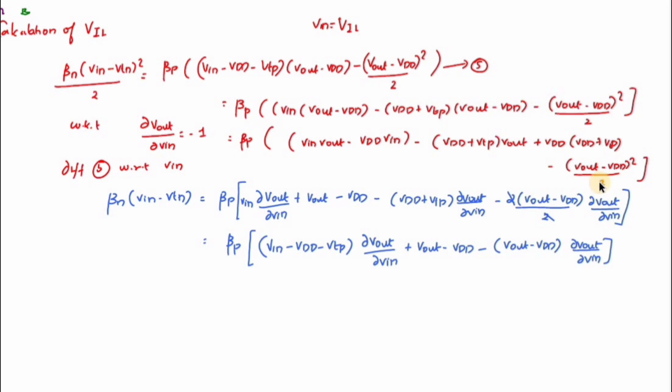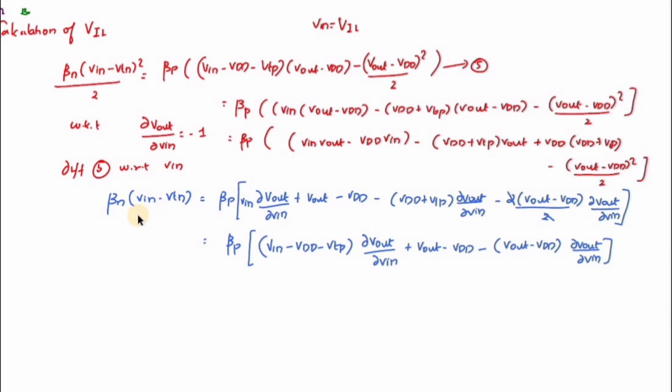So now I am going to differentiate, with dou V out divided by dou V in equal to -1. With respect to the fifth equation, the last one will be my fifth equation, and I'm going to differentiate with respect to V in.